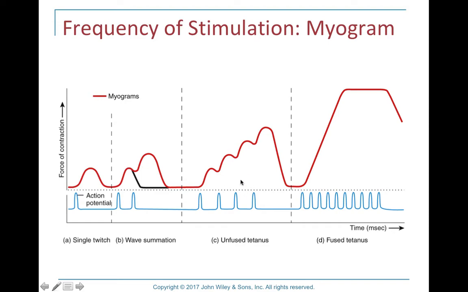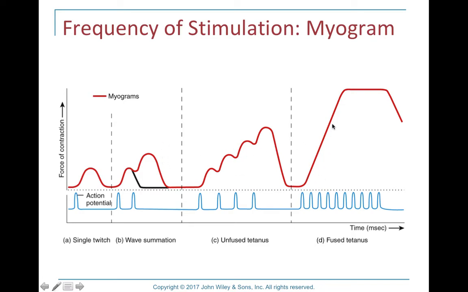Now we introduce unfused tetanus and fused tetanus here. So this will be when we have a sustained but wavering contraction. When the tetanus is unfused, we see it's still wavering, but we get multiple or sustained contraction.